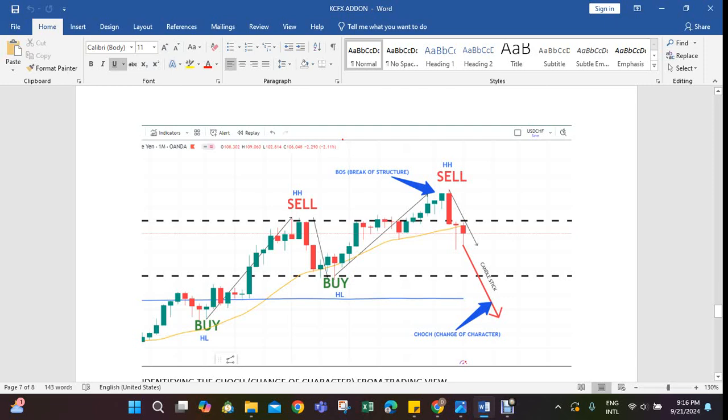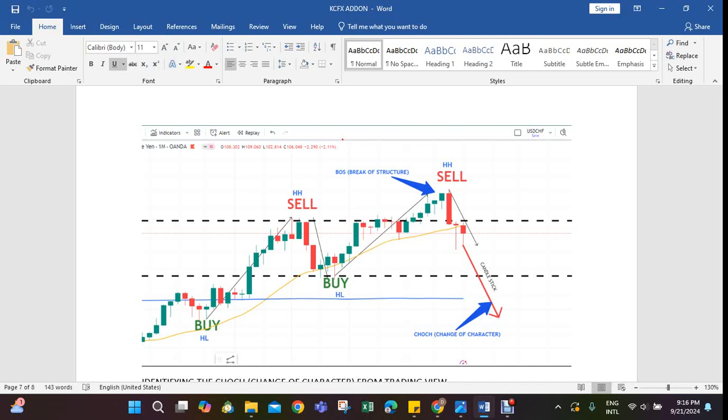So a change of character only happens when you've seen a break of structure. A change of character cannot happen if you've not seen a break of structure. A break of structure must happen first before a change of character happens. It's important that you know this.